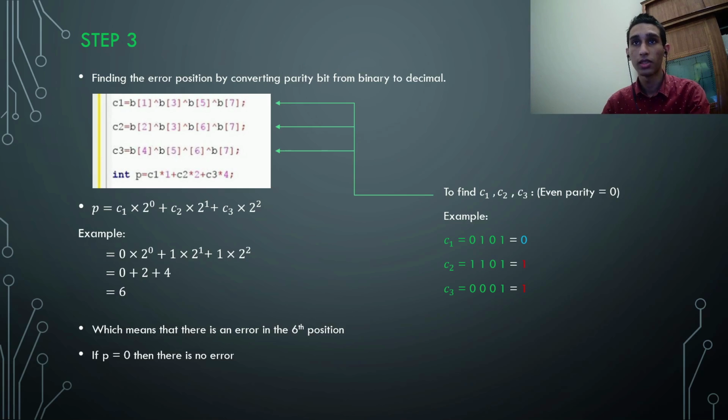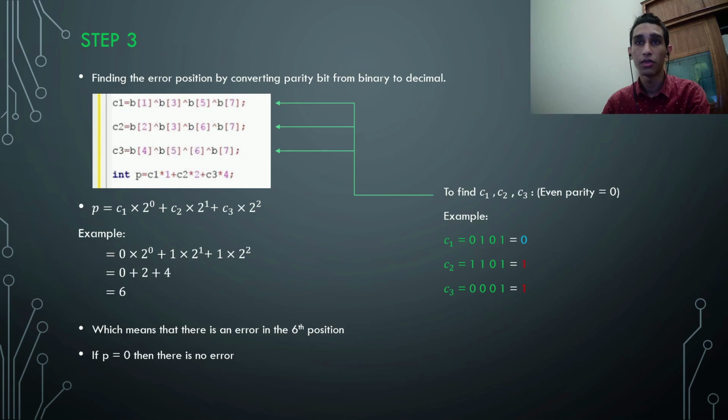Let's say for our C1 we get 1, 0, 1, 0 from positions 1, 3, 5 and 7. This will equal 0 as it is an even parity, as it has an even number of ones. If we apply the same thing to C2 and C3 with their respective bit positions, we will get 1.